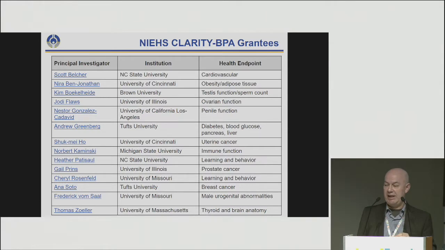Several of these in particular were highlighted in the NTP report for the Center for the Evaluation of Risks to Human Reproduction that identified key knowledge gaps, particularly surrounding neurobehavior, prostate cancer, mammary cancer. So we were not only addressing key knowledge gaps that we already had, but we're also exploring other areas.